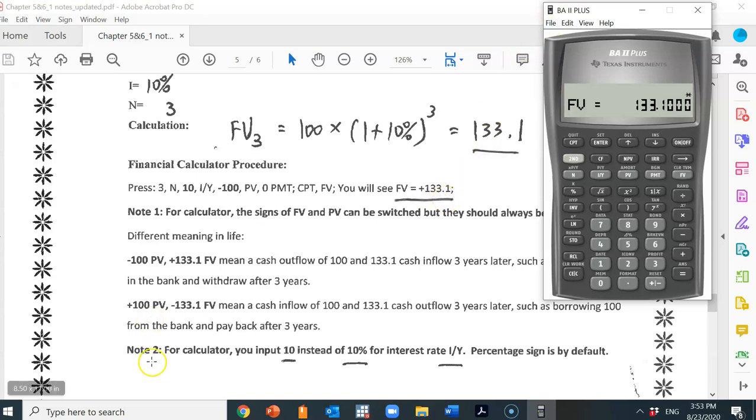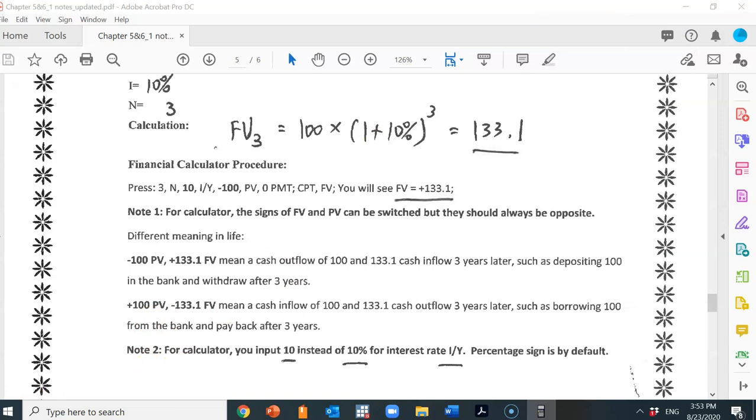Okay, there are 2 things here for us to note. The first thing is that for a calculator, the signs of future value and present value can be switched, but they should always be opposite. Otherwise, they would mean different things in life. What we just did is that we input negative 100 as PV, and the screen shows us positive 133.1 future value.